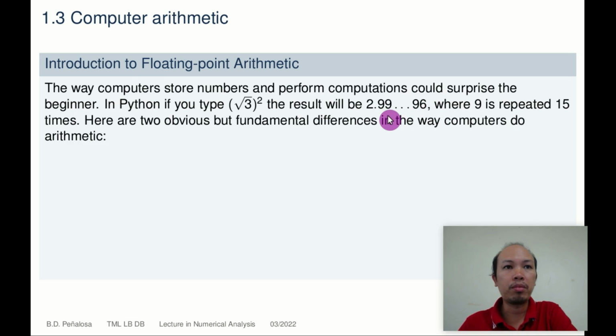So if you want to try it, if you type this in Python, you will have this number.